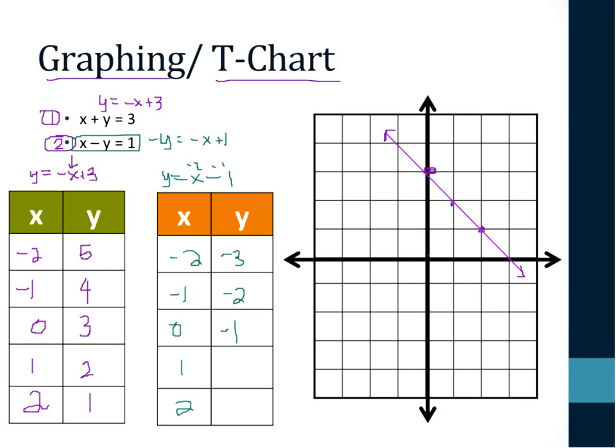And again, I can see I have a positive slope of 1, so my y values continue to increase by 1. And I can plot those points, 0, -1, 1, 0, 2, 1, and fill that in with a line.